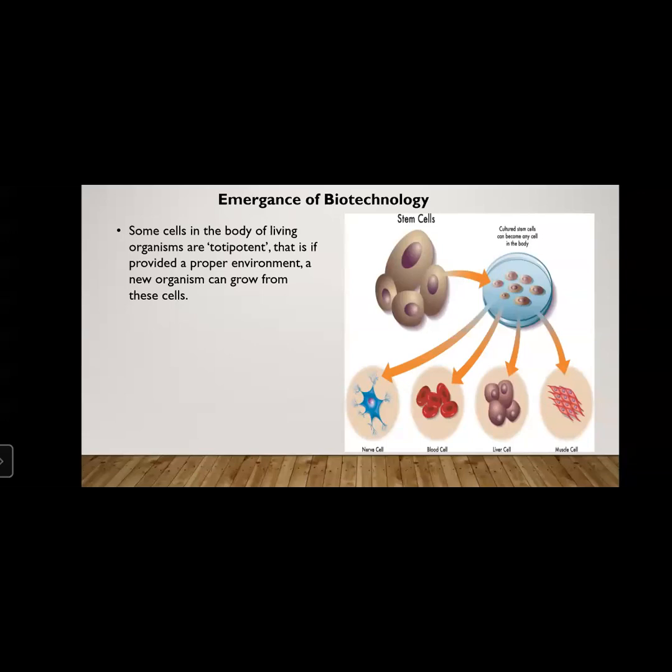Means one single cell can produce all the different types of tissues like nerve cells, blood cells, liver cells, muscle cells. So that basic cells which can produce or give rise to so many different types of cells or the tissue, they are known as stem cells.